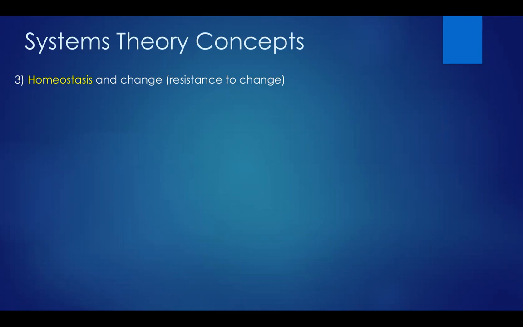So it shifts things, and people don't know how to react to that. And so it sometimes then gets pushed back to the way things were and pushed back into homeostasis. So that's what we mean by homeostasis. It's a biological term, but basically in this sense, it's that we prefer things to stay the way they are.